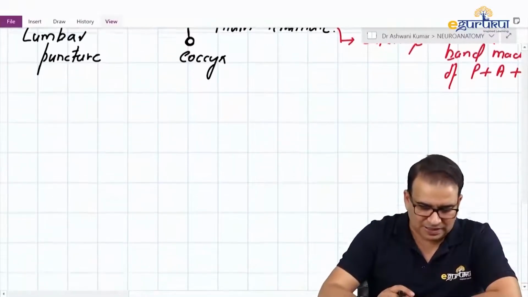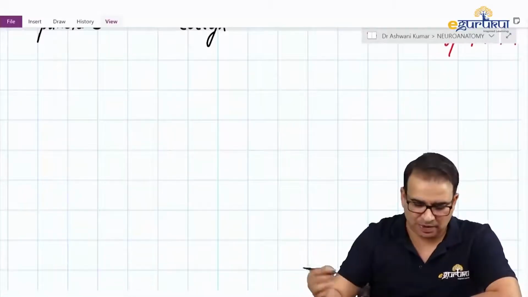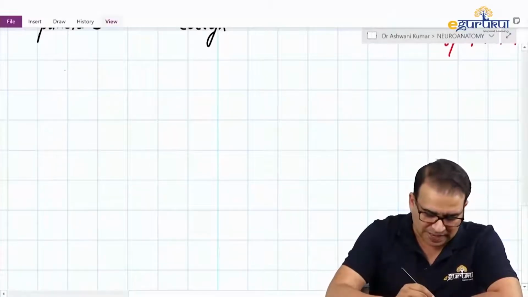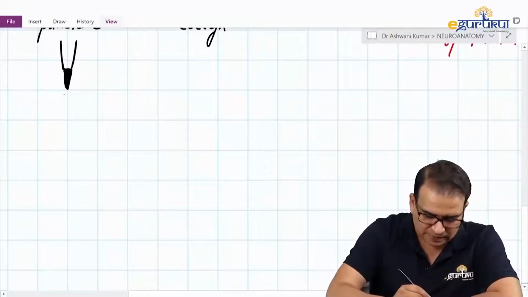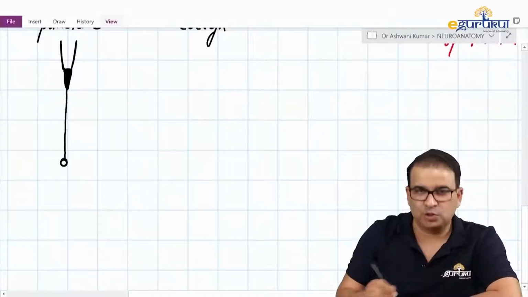Now I'm not discussing that part as of now, because as I said, I'm keeping it for the last in the spinal cord. But as you just saw, if this was the conus medullaris part, and there is the upper part of the spinal cord there, and here we have the filum terminale coming to the coccygeal vertebrae.